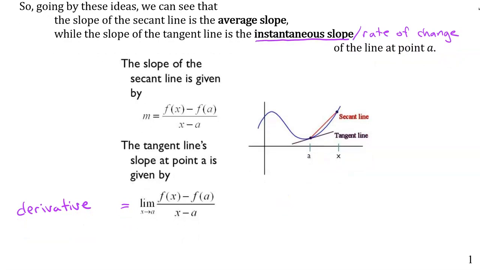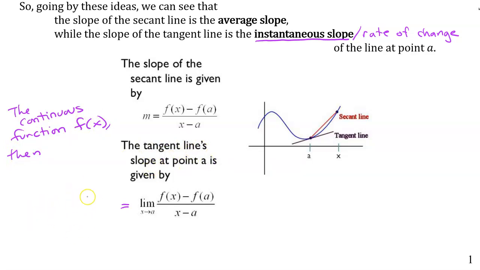So one of them, if we have the continuous function f of x, then the tangent line's slope is given by f prime of x.